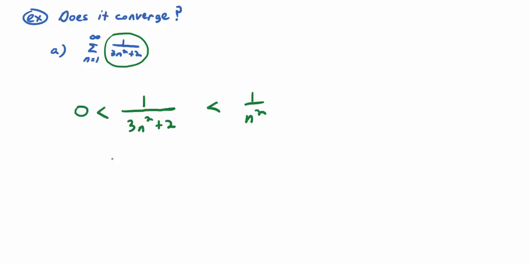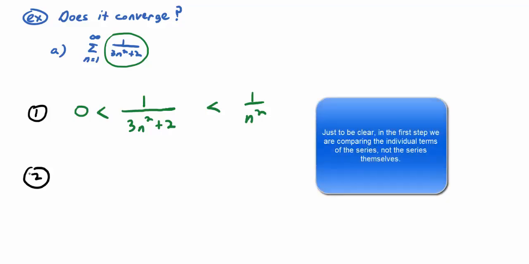Now, here's where students go wrong. I'll break this up into 3 steps, just like with the comparison theorem, so it'll be reminiscent of what we did right before the first test. We want to say something about the sum involving 1 over n squared, the thing we're comparing the sequence 1 over 3n squared plus 2 to. But it's got to be the sum, not 1 over n squared.